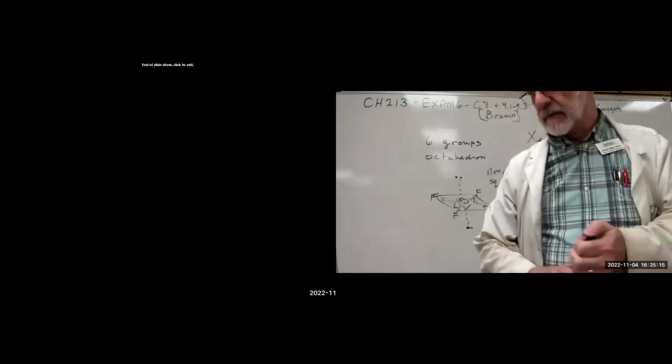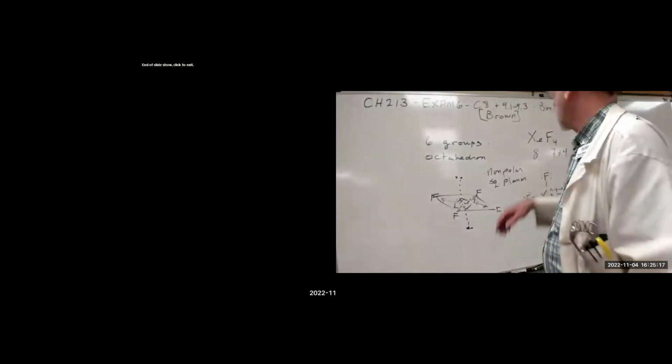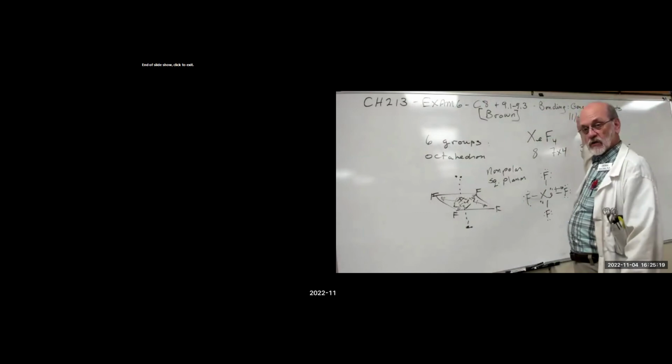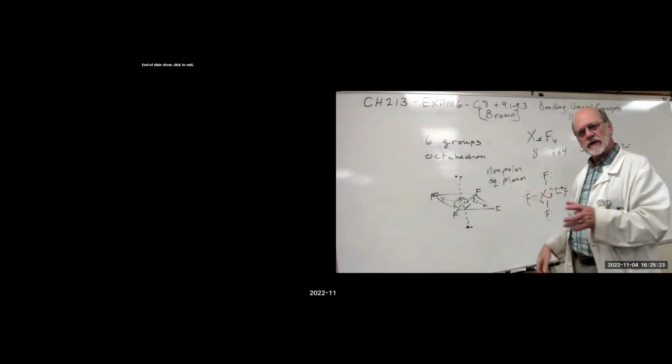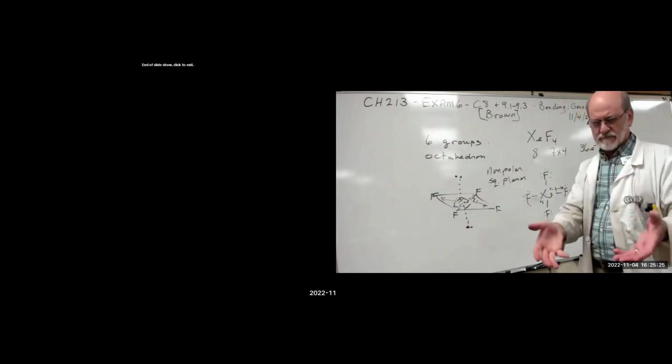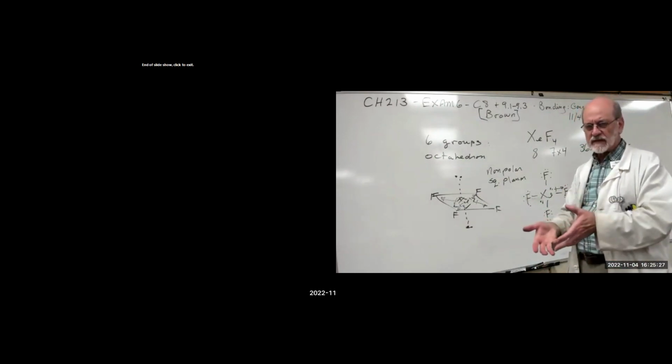And that's it for bonding, the general concepts. We're going to get into more specifics. We're going to review this the next time we meet and then have an exam.